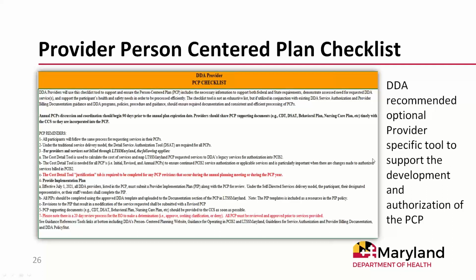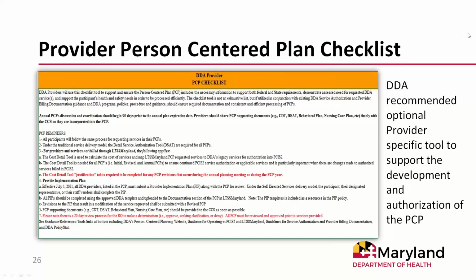So that's our initial, our revised and annual PCPs to ensure continued PCIS2 service authorization or applicable services, and is particularly important when there are changes made to authorized services that are billed through PCIS2. It's important that the cost detail tool justification tab is required to be completed for any person-centered plan revisions that occur during that annual planning meeting or during the person-centered plan year.